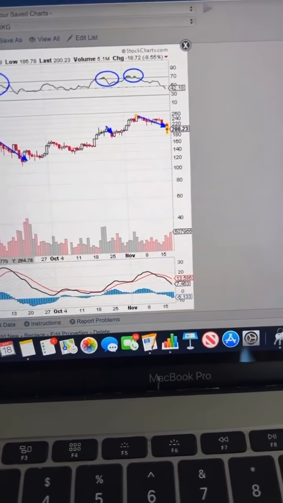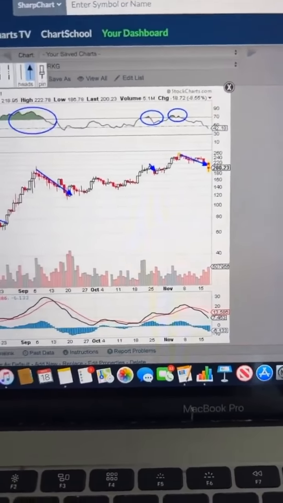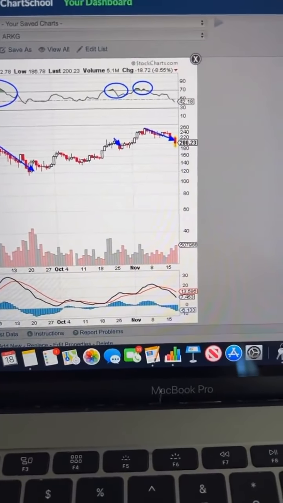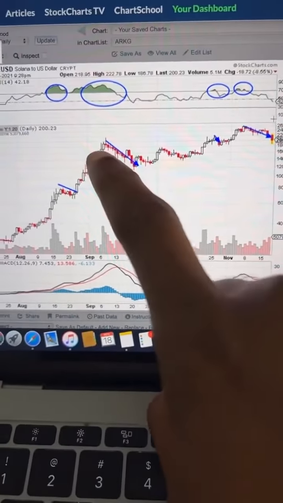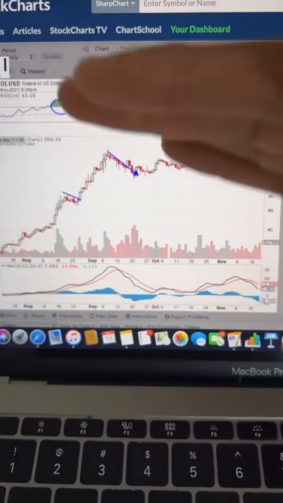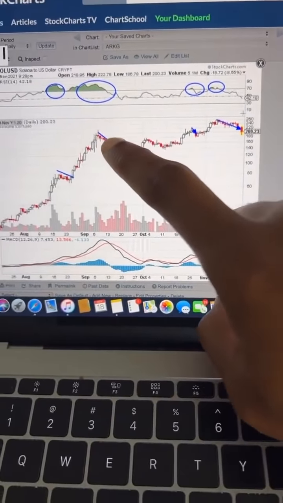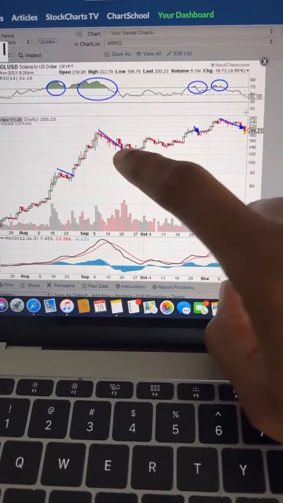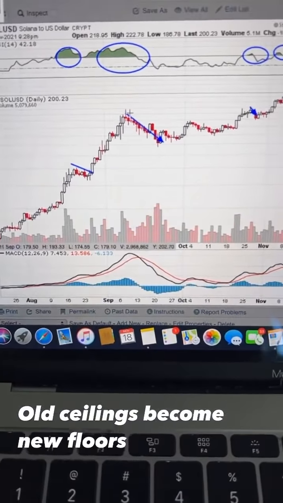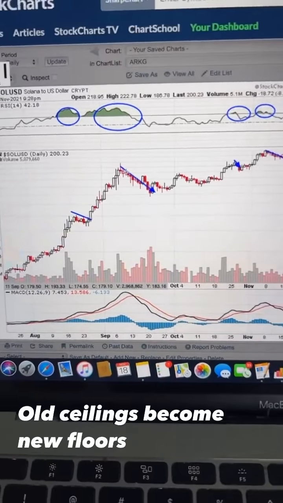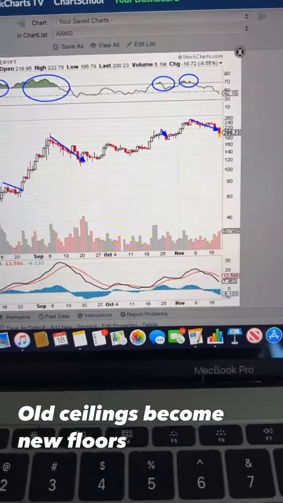Now, how do you know that it's done pulling back so you can get in, right? You're gonna draw a level of support. So this was the previous level of resistance, which means this is the roof. It went here, and then it bounced off the roof, right? It can't go through the ceiling. And then eventually, this level of resistance, this roof, becomes the floor over here, all right?